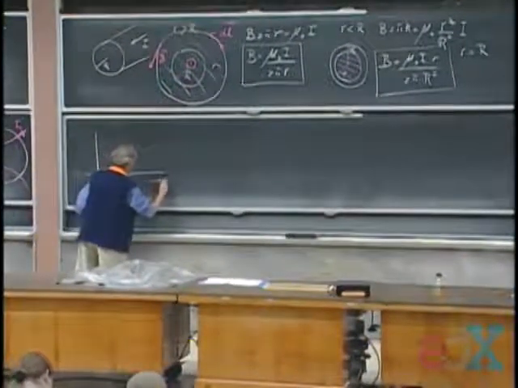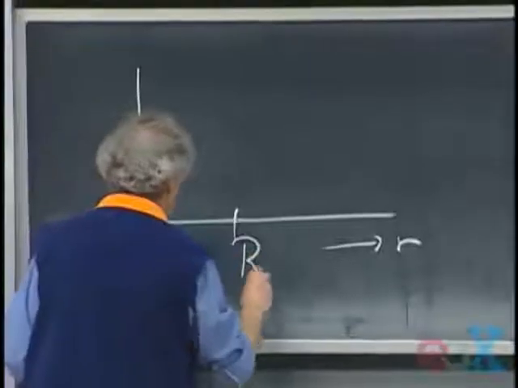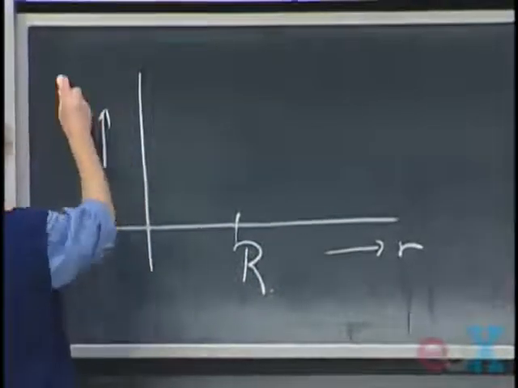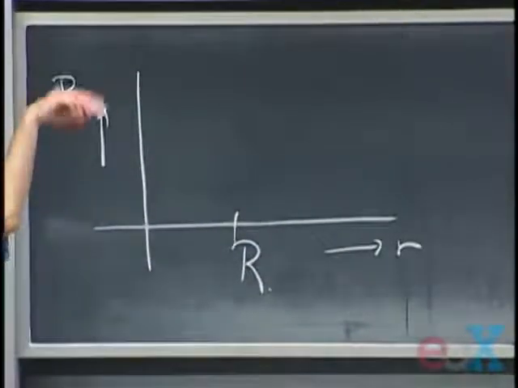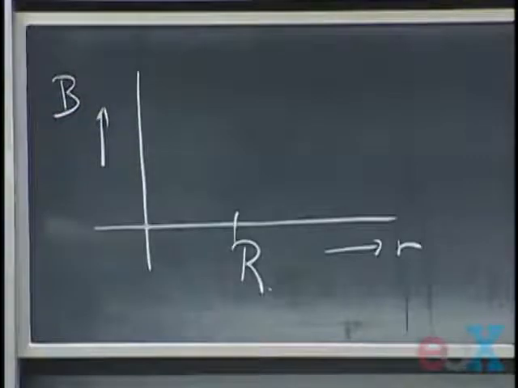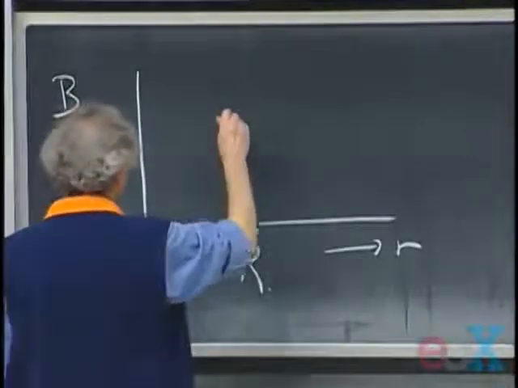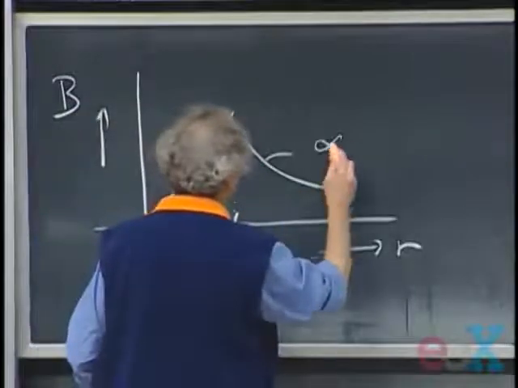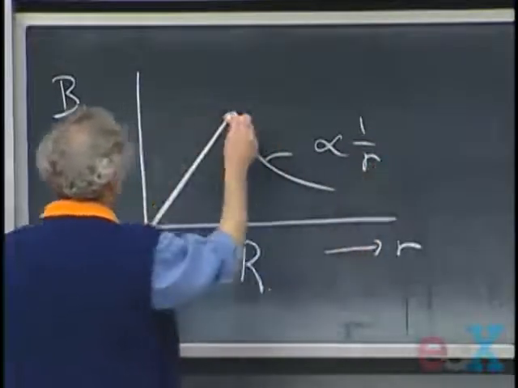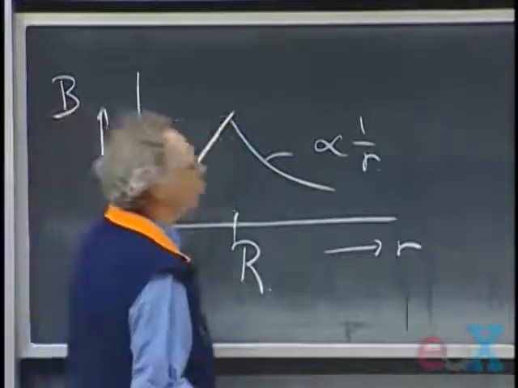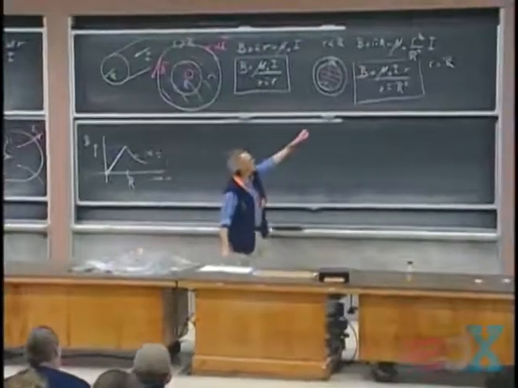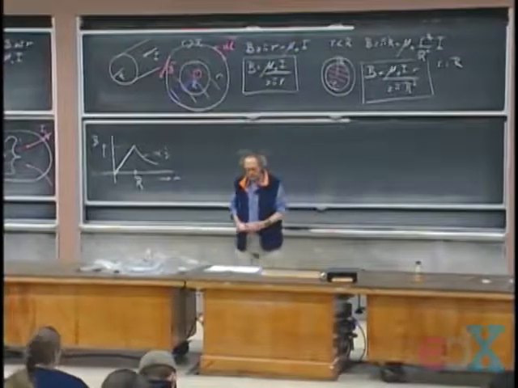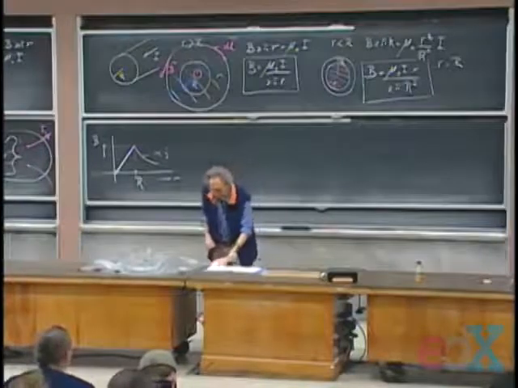So this is little r, this is capital R, and this is the magnetic field strength, because we know that it is tangential to these circles. It would be a straight line, and then here it falls off as 1 over r. And the maximum value here is the value that you find there if you substitute little r equals capital R.